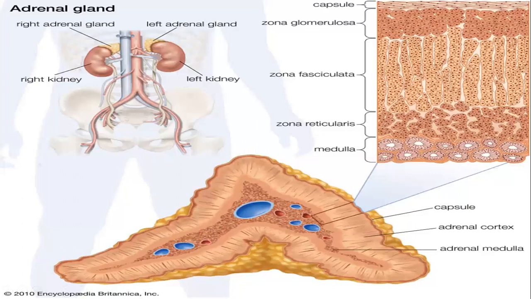So for easier memorization, the layers of the adrenal cortex are GFR, G for glomerulosa, F for fasciculata, R for reticularis. And the hormones they produce are MGS or make good sex, M for mineralocorticoid, G for glucocorticoids, S for sex hormones.